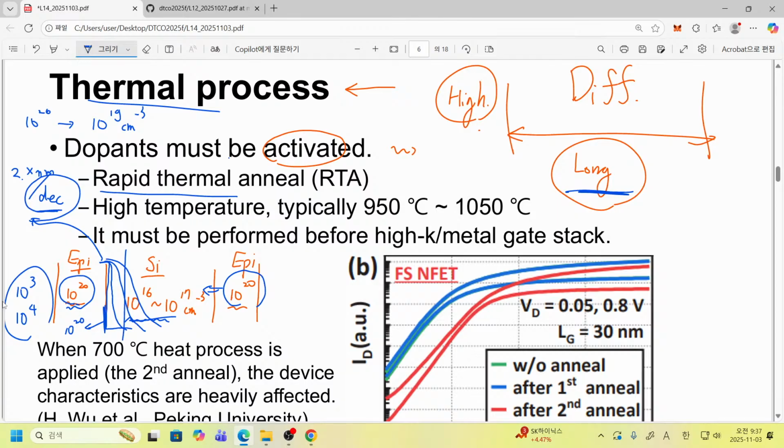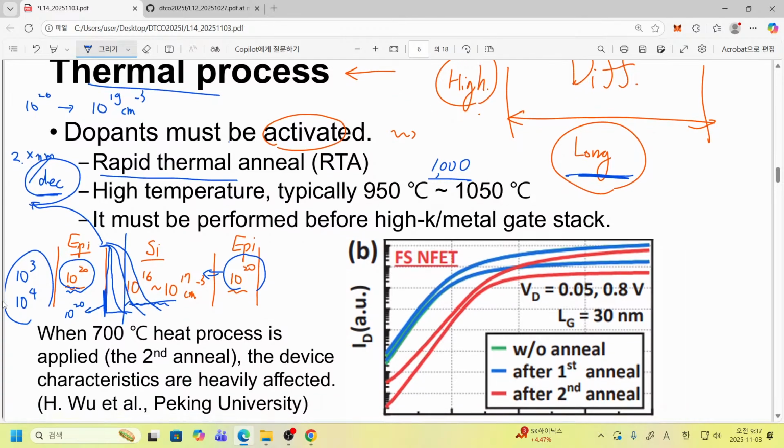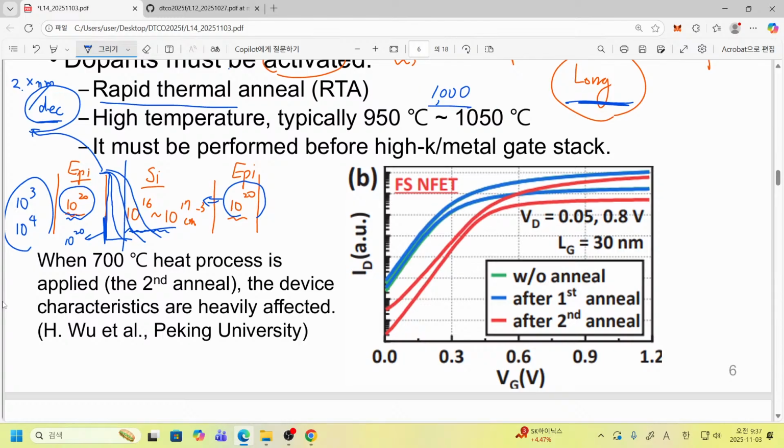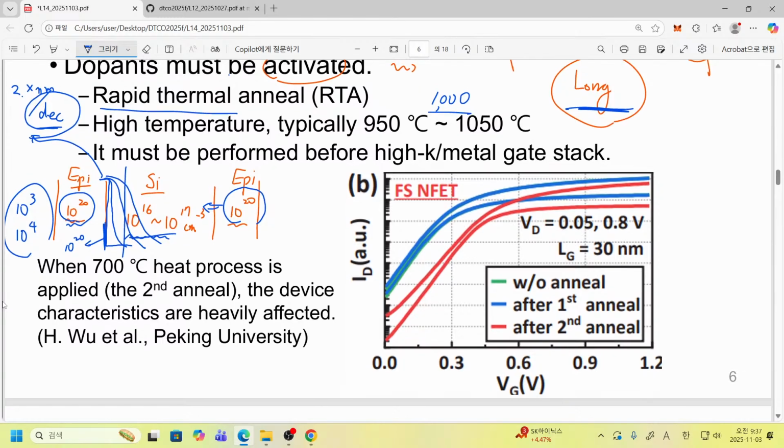How high is it? In Celsius, it's around 1000 Celsius. This is far, far higher than any other temperature in our process, and that makes quite a serious impact on the performance.